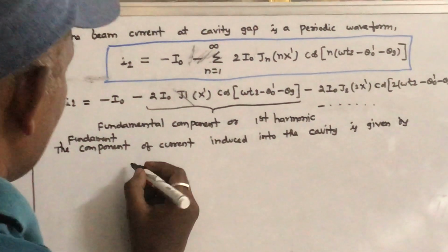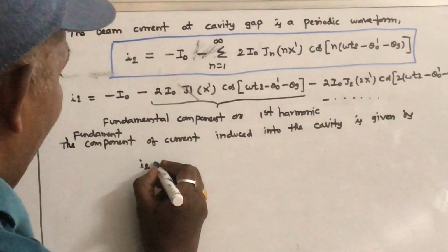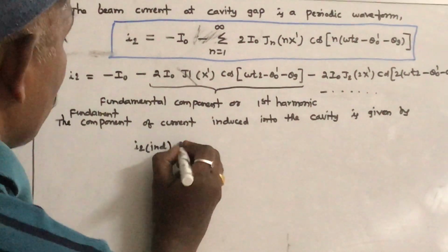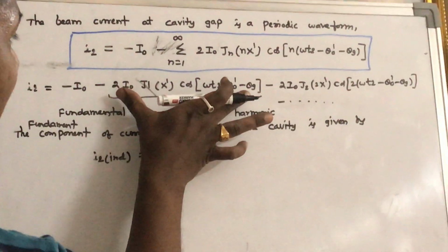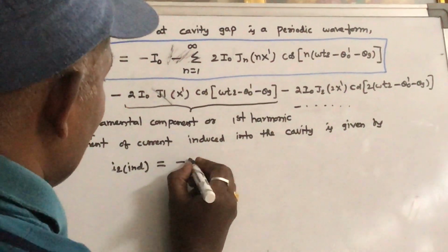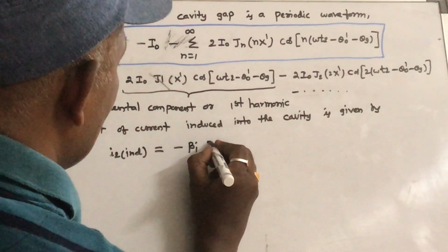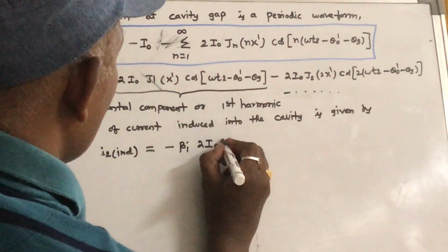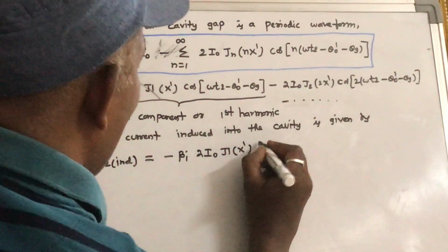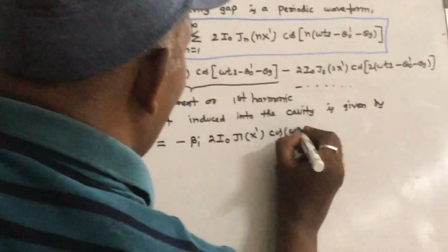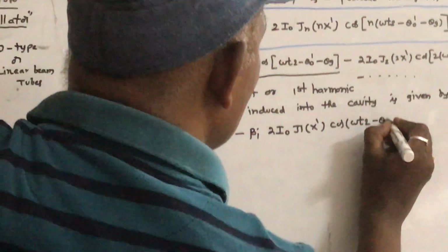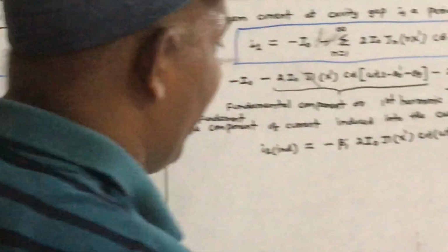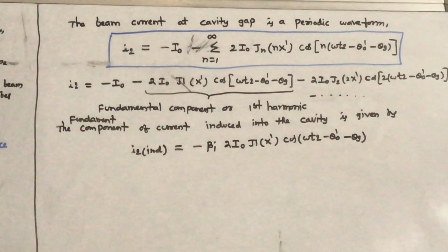If you know the two cavity Klystron, this also is very simple. For I2 induced, we have to multiply this component by the beam coupling coefficient. So that is minus beta i into 2I0 into J1 of x dash into cos of omega t2 minus theta 0 dash minus theta g. So this is the fundamental component of current induced into the cavity.